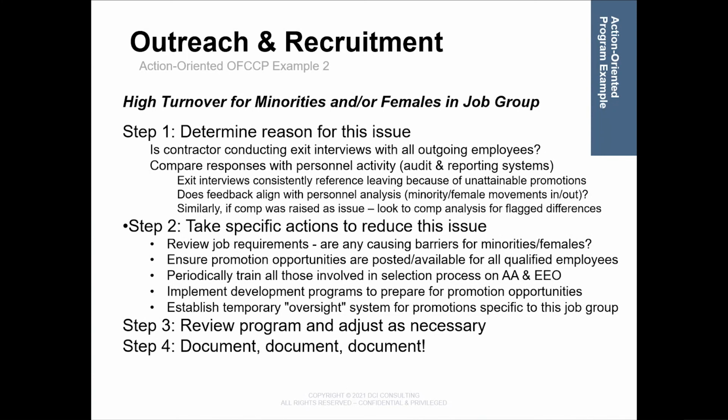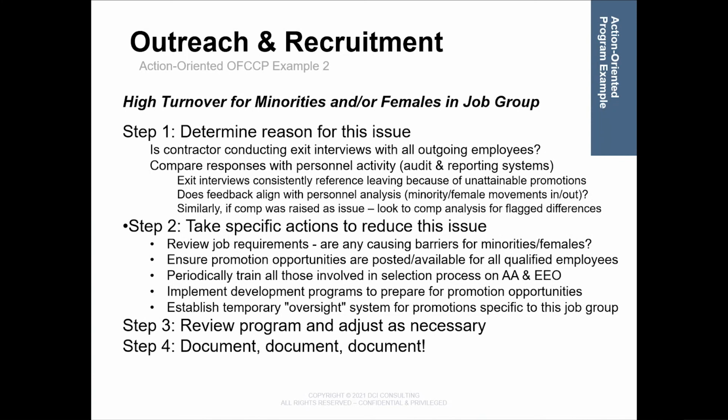So if the exit interviews and the analysis have determined that the primary reason behind this high female turnover is the belief that these female technicians will not get promoted, some of the options the company can take to remedy the issue can include reviewing the job requirements for promotion to ensure that there's nothing that would impose barriers for females, and implementing appropriate revisions to the requirements as necessary if found that there are barriers for women.